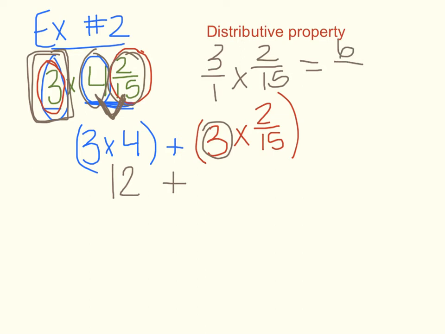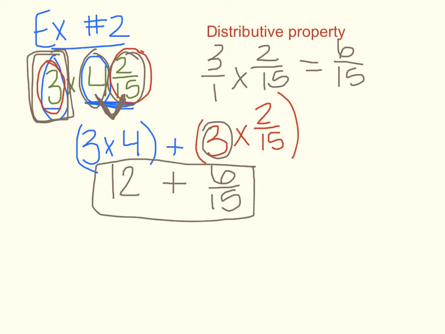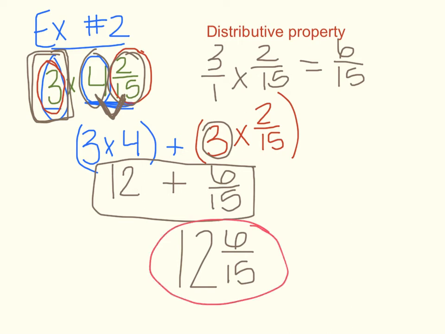And 1 times 15 is 15. So I get 6/15. Now I just add those two together. So 12 is my whole number and 6/15 is my fraction. So altogether my mixed number is 12 and 6/15.